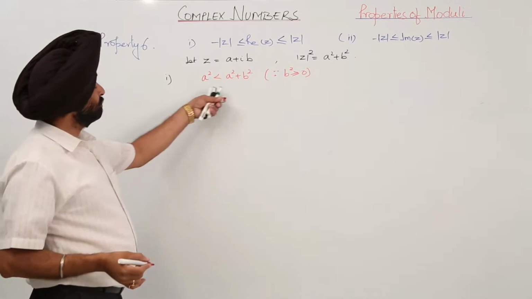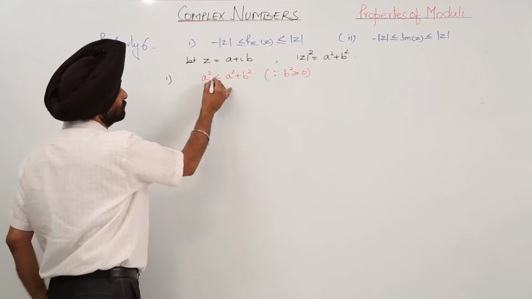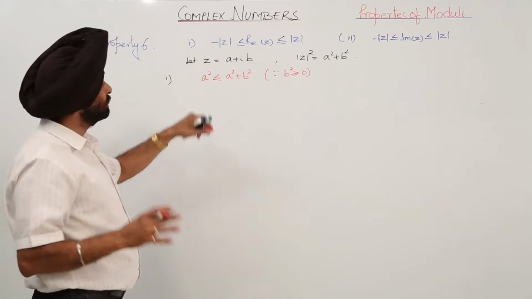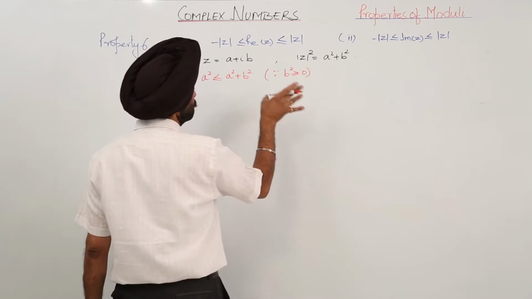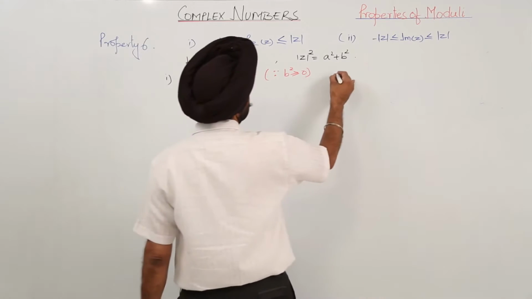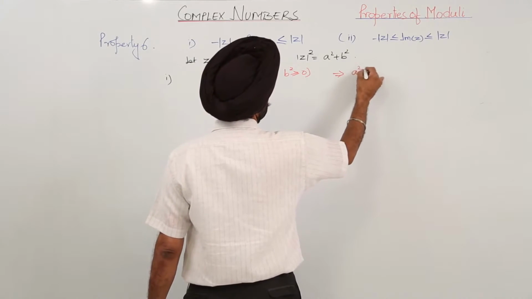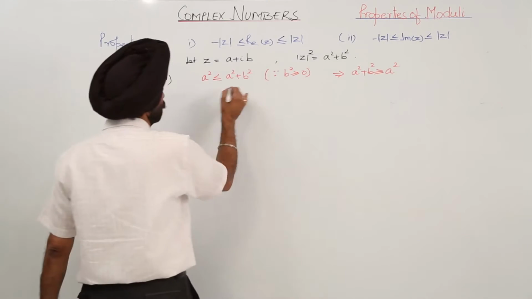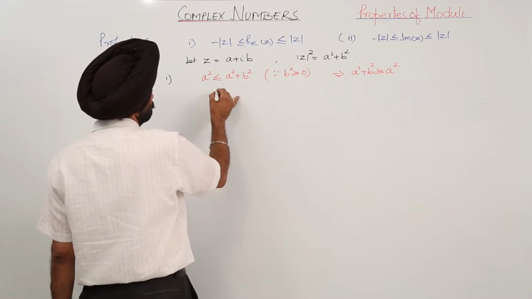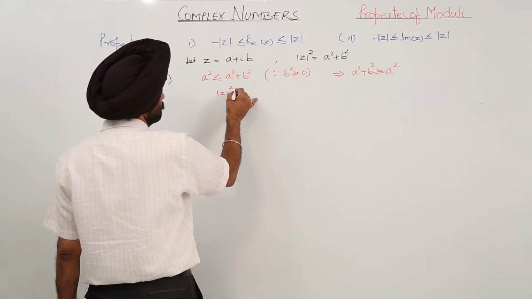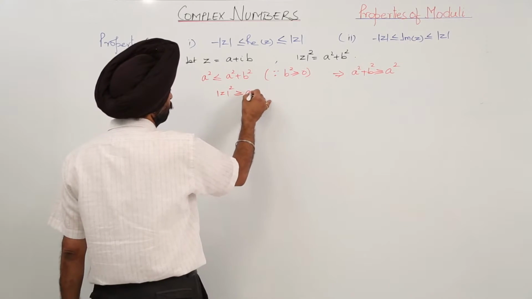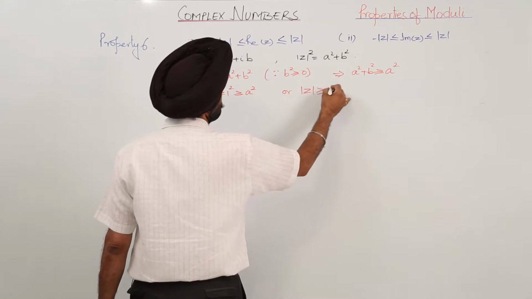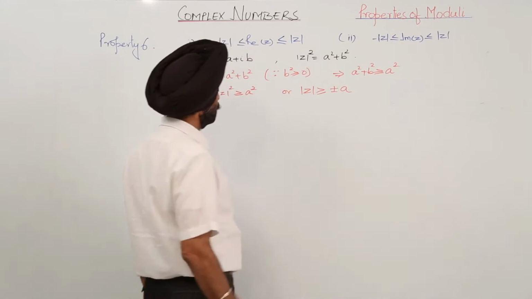Is it clear? If b is either 0 or greater than 0, then this will be exactly true. Now what further can we write? We can write this as a square plus b square is greater than or equal to a square. Now a square plus b square is the modulus of z square, which is greater than or equal to a square, or modulus of z is greater than or equal to plus minus a.